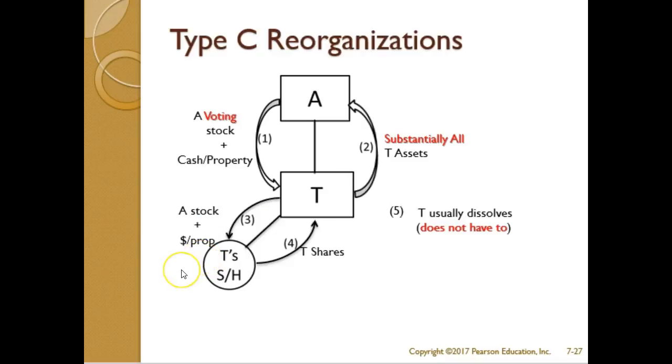Substantially all is not defined by the IRC or Treasury regulations, but advanced ruling still applies the same minimum standard of 70% of gross assets, 90% of fair market value of net assets. Okay.